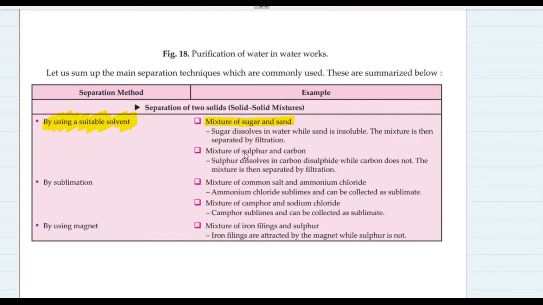Then a mixture of sulfur and carbon can be separated by dissolving the whole mixture in carbon disulfide solution, which dissolves sulfur, not carbon. And this undissolved carbon can be taken out or separated by filtration. And then you can separate sulfur from dissolved carbon disulfide by evaporation.